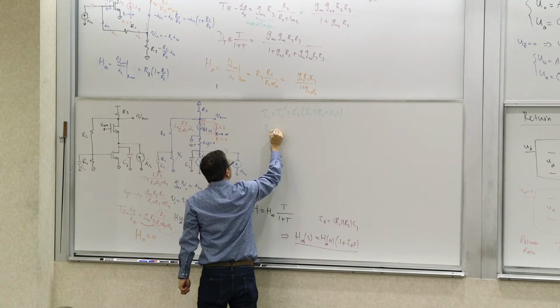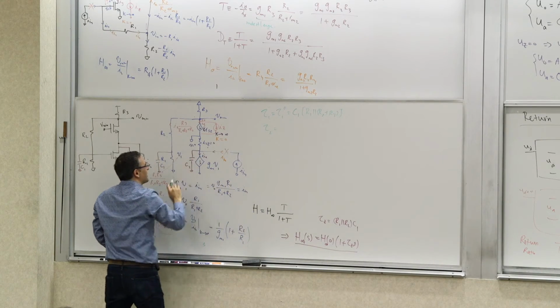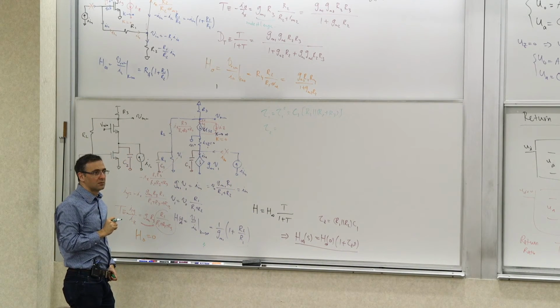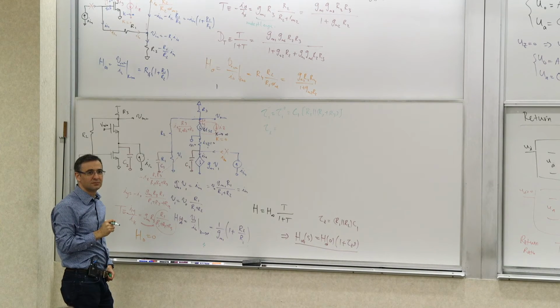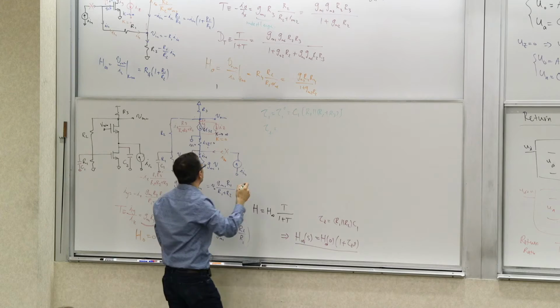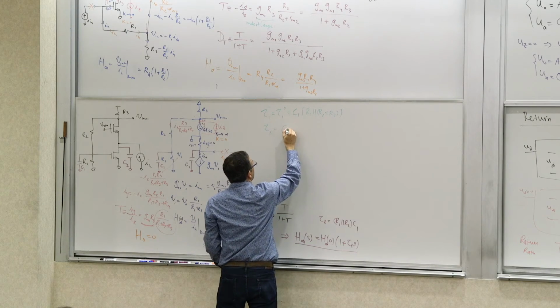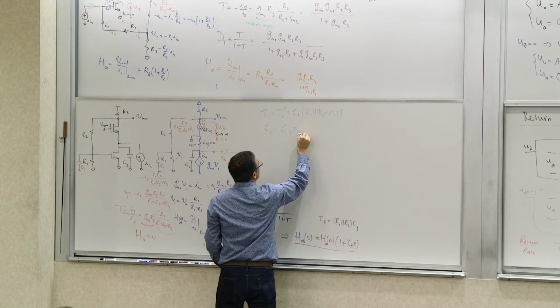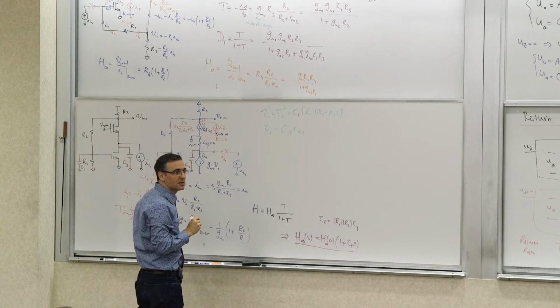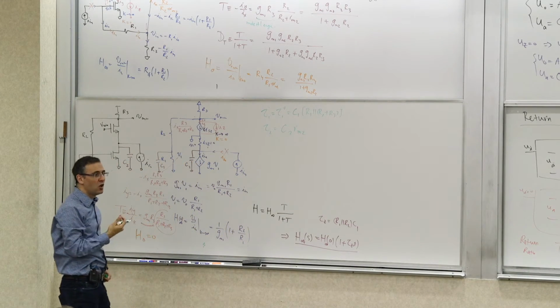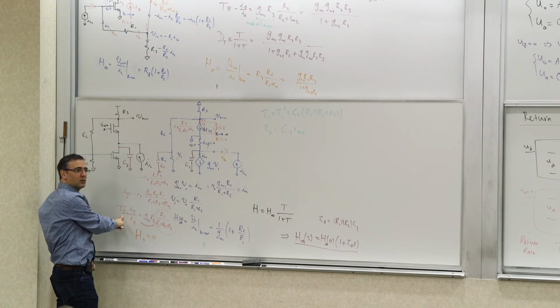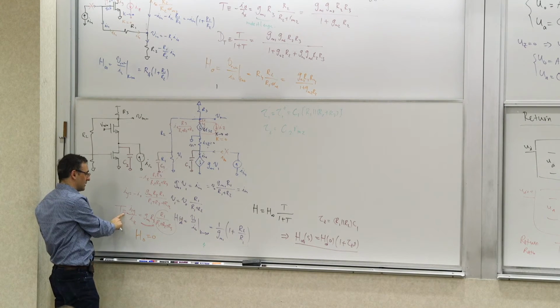And tau 2 is what? What is the resistance seen by this guy? It's very simple. Just the Rm2, right? This guy. Rm2. So it's going to be C2 Rm2. So those are the two time constants. So I know what my low frequency loop, the return ratio is, right?